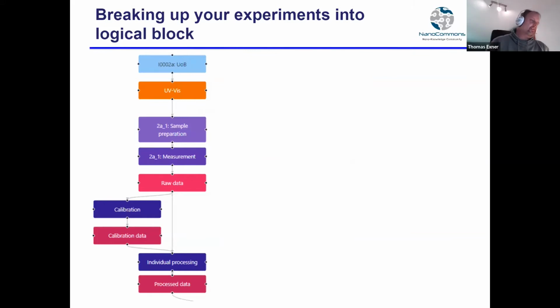We now take the next step and go really into very detailed breaking down of the experiment. For me, when we saw that, I thought this will become even more beneficial if you are able to separate these things into blocks and describe these blocks independently.